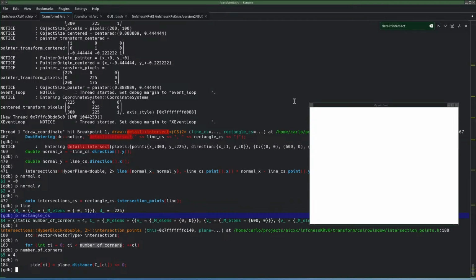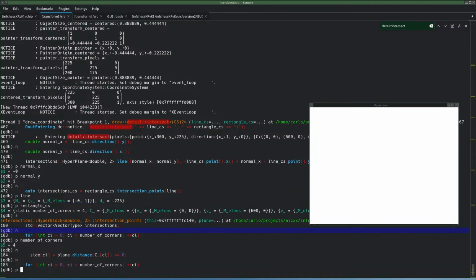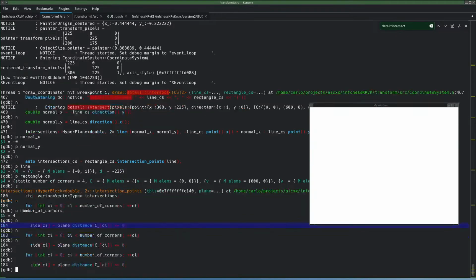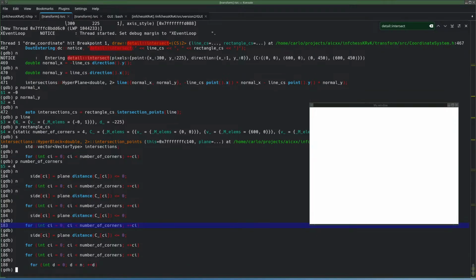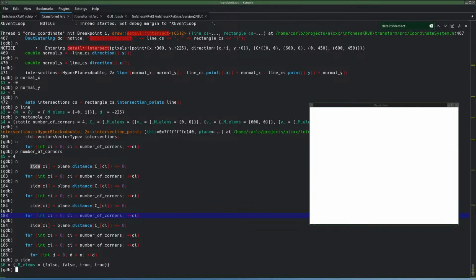And this is the first one, so this one must be false. Now let's just do all of them. So this is also false, true, and true. False, false, true, true is expected.